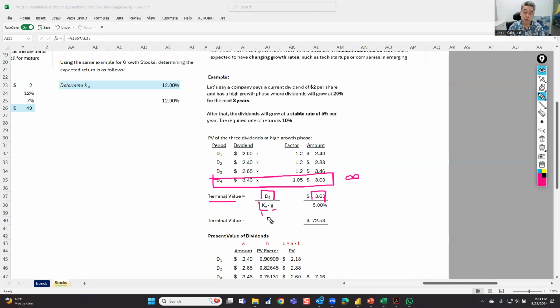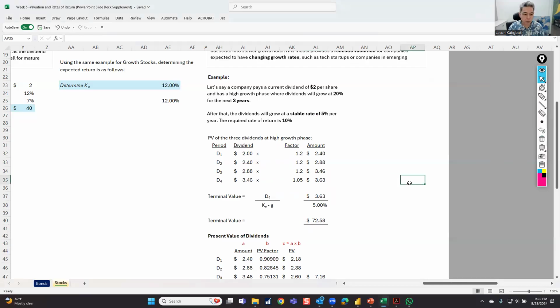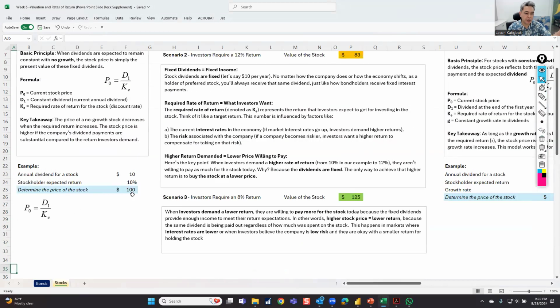What's the 10, which is the KE? 10%. What's the growth rate? 5%. So that's why this one is 5. How did we get 5%? Is here. How did we get 10%? Is here. So the terminal value is actually 72.68. Let me stop there for a while. What we've been computing here is the price of the stock. That is similar.